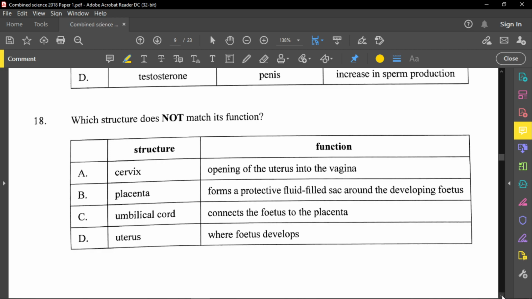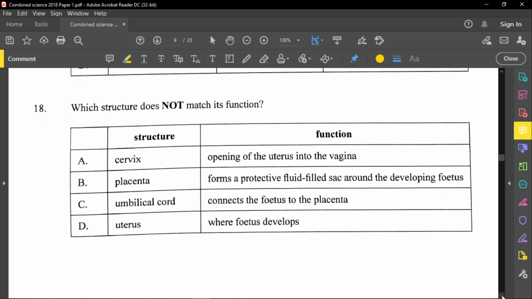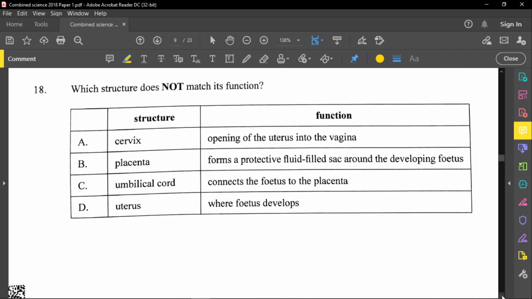For number 18, it said which structure does not match its function. And here, cervix opening. So cervix is the opening of the uterus into the vagina, which is correct. The placenta, it forms a protective fluid-filled sac around the developing fetus, which is not true.